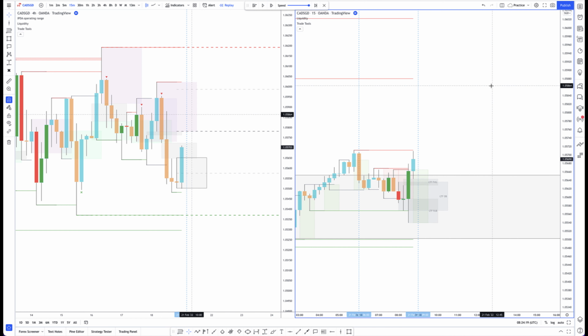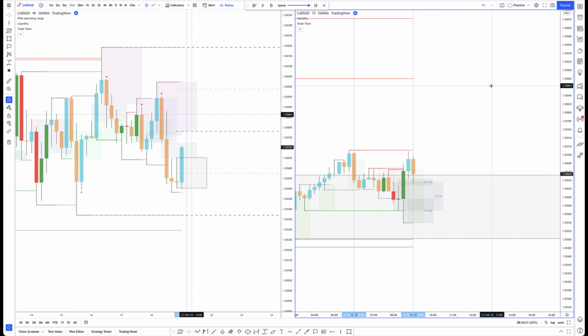Let's wait for the next candle. Ooh. Still did not close it fully. I think I'll take this entire zone and then take the trade.